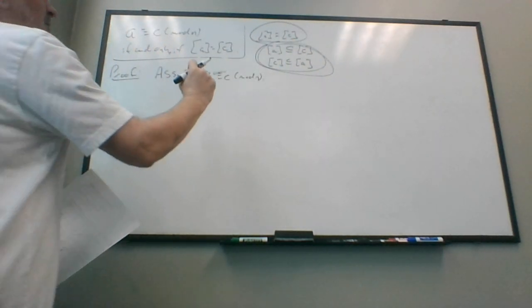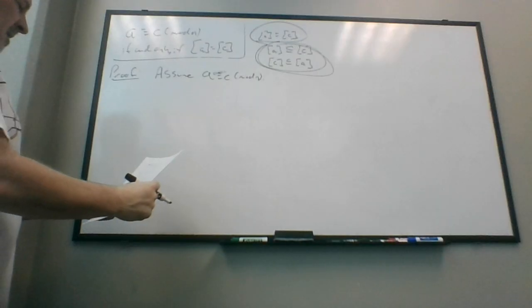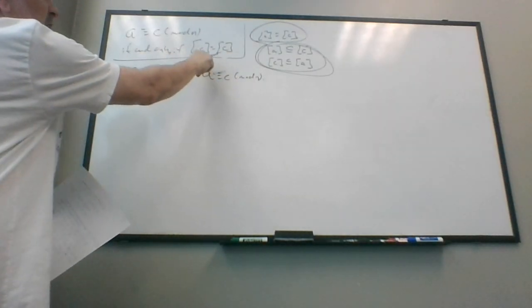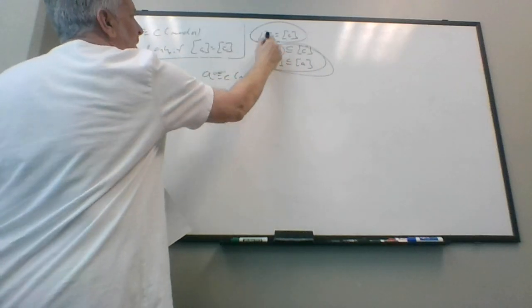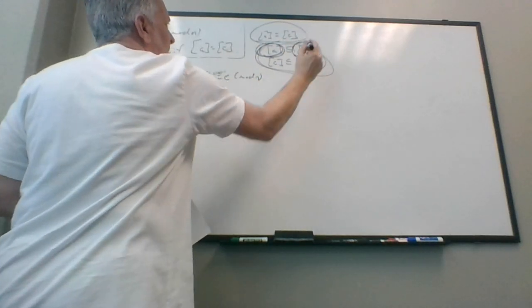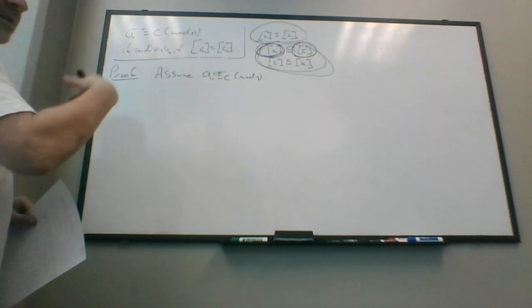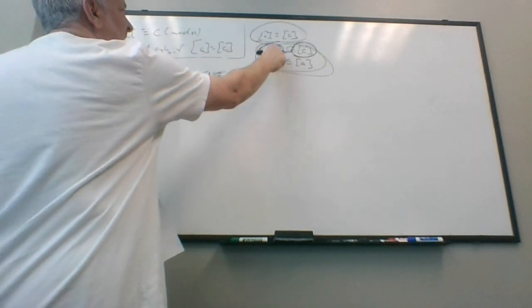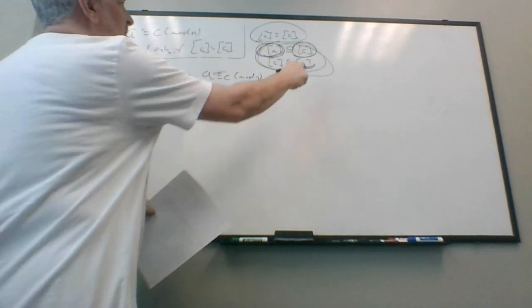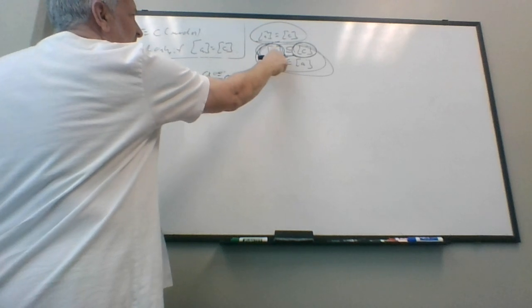Now, how do you show these two sets are equal? To show one thing is a subset of another, you pick an element in the first set and show that the element you chose is in the second. This is all stuff you learned in Math 223, and you have to remember it. To show this set is a subset of that set, I'm going to pick an element in the first set.